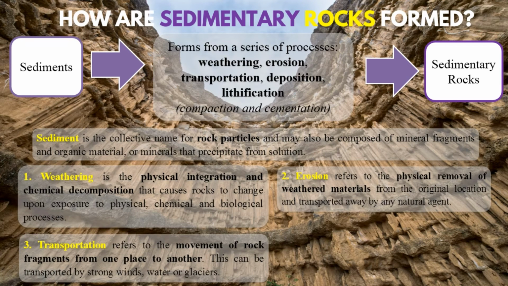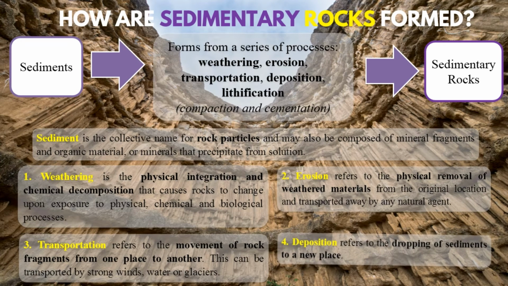Next, we have the transportation, which refers to the movement of rock fragments from one place to another. The rock fragments may be transported either by strong winds, water, or glaciers. Next, these fragments will undergo deposition.